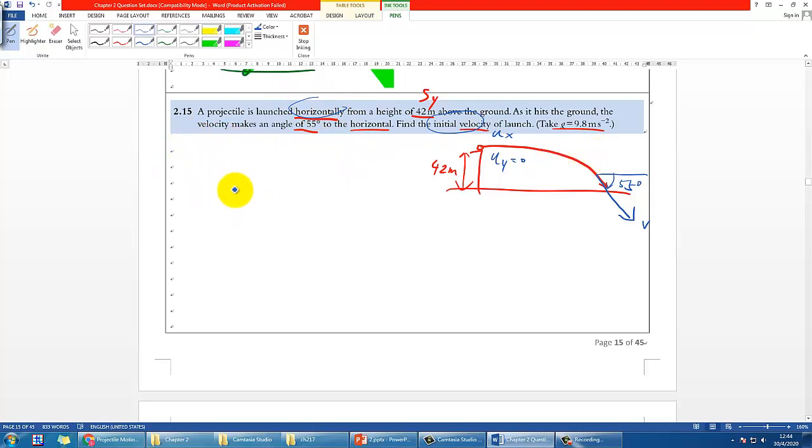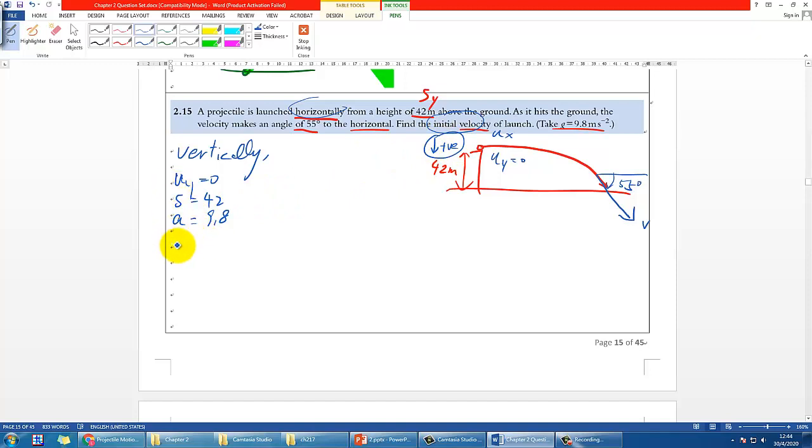So let's start with how we said earlier. Perpendicularly, or vertically, actually I should say vertically. Then we know UY is 0, S is 42, A is 9.8, I will take downward as positive.